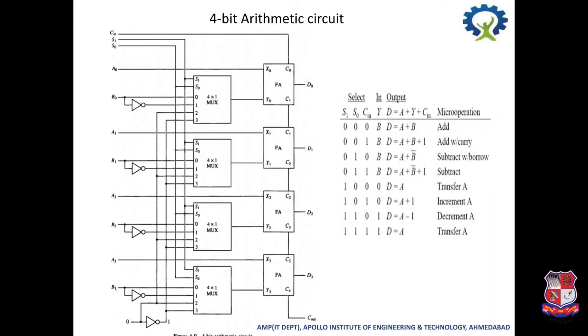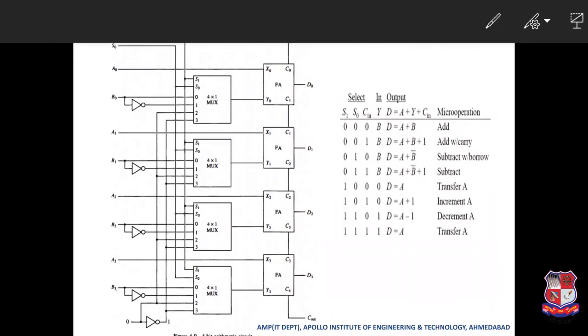Here 4 full adders are there. D0, D1, D2, D3, D is our output, and 4 multiplexers, 4 cross 1 multiplexers, are there.